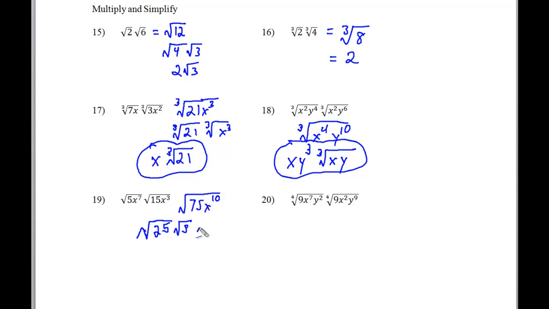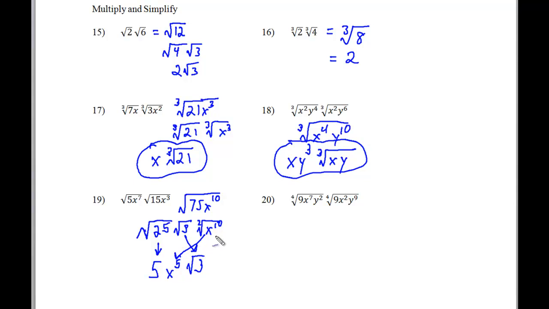And then I have the square root of x to the 10th. What's nice about x to the 10th is that it is completely rootable, because with this index of 2, 10 divided by 2 gives me 5. So this here makes a whole number 5, and this here makes the x to the 5th power. 10 divided by 2 is 5. And then we have square roots of 3 right there.